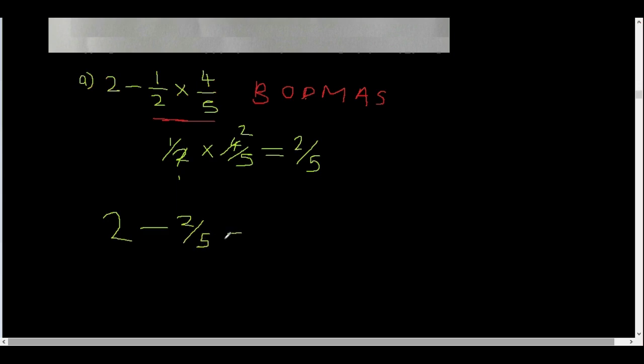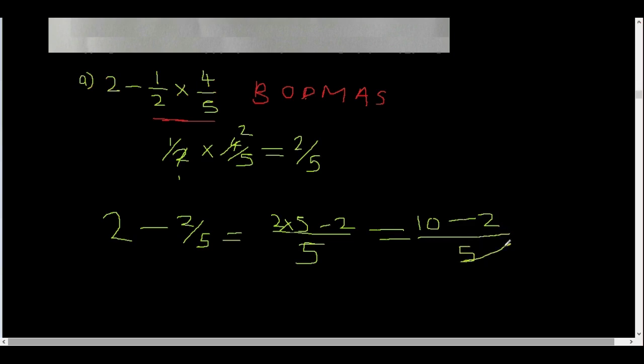Convert 2 to an improper fraction. We have 5 as the common denominator. We must multiply 2 by 5 to get that. That's 2 times 5 minus 2. Then we get 10 minus 2 over 5.